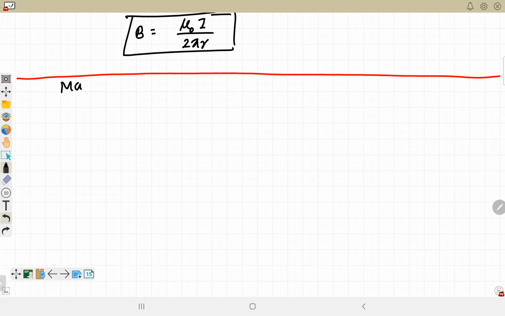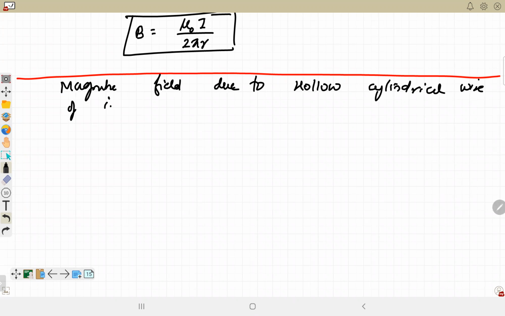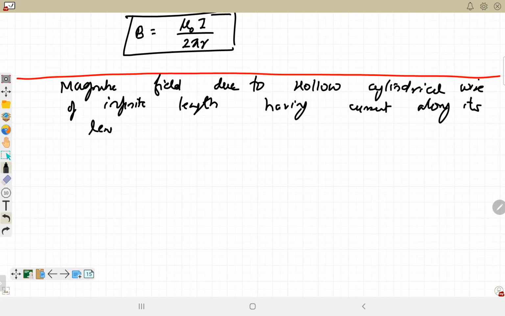Second case is magnetic field due to hollow cylindrical wire or hollow cylindrical pipe, of infinite length, having current along its axis, along its length or axis.